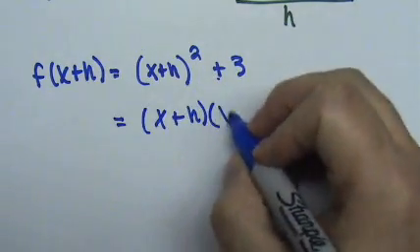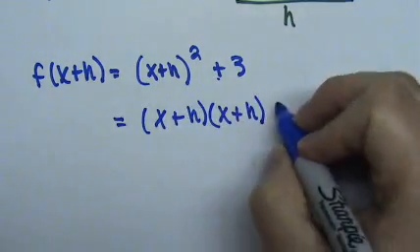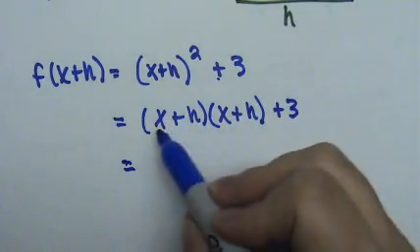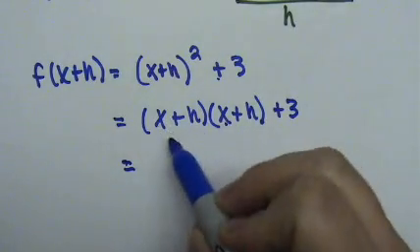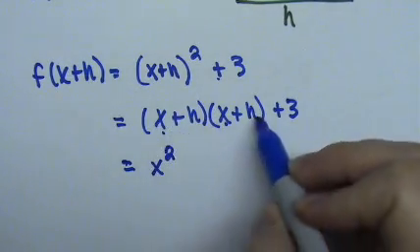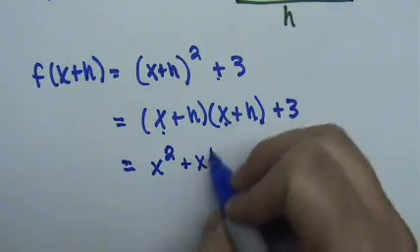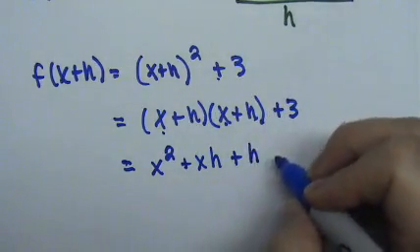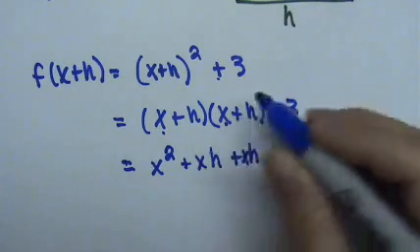(x plus h) squared is x plus h times x plus h. We need to FOIL this. First terms, so x times x is x squared. Outside terms, we get an xh. The inner terms, we get another xh.